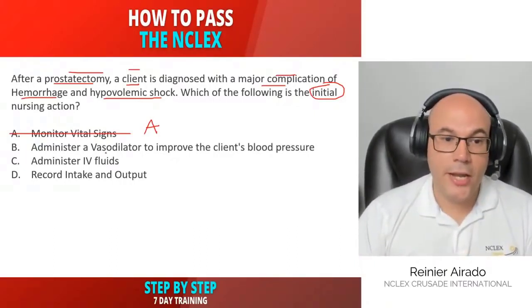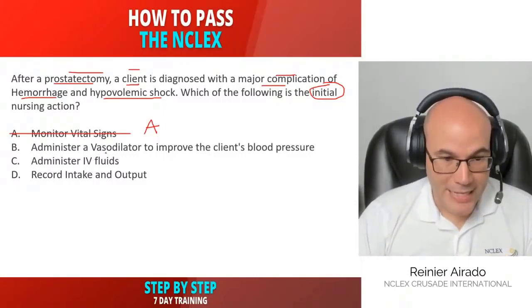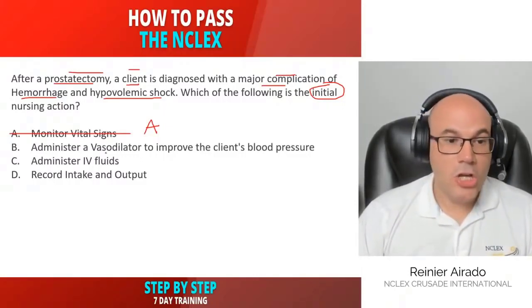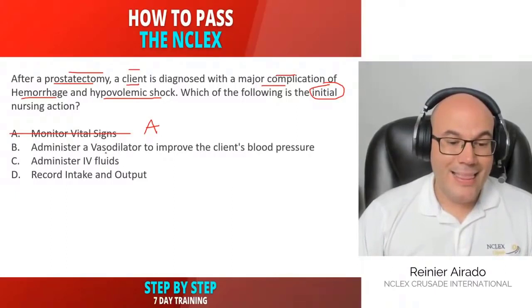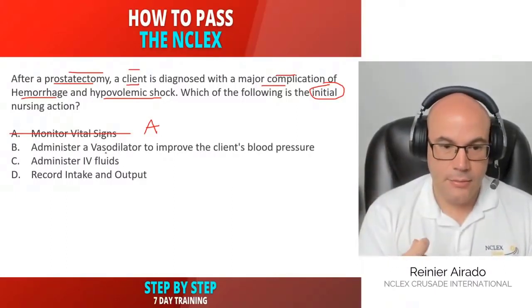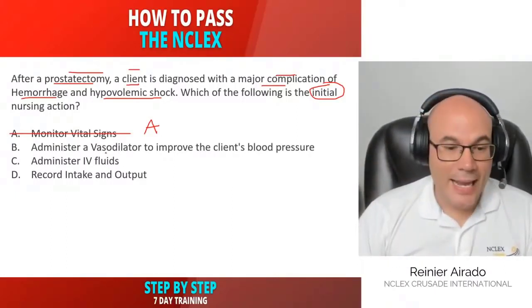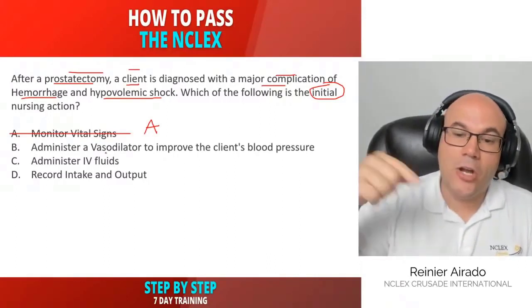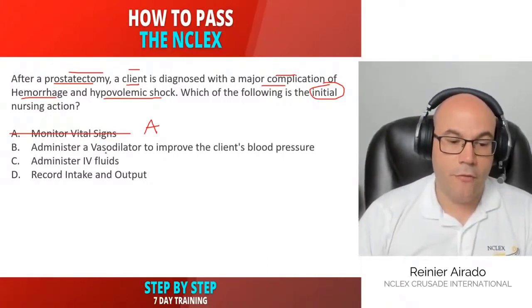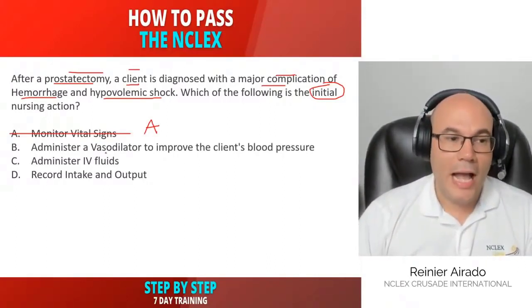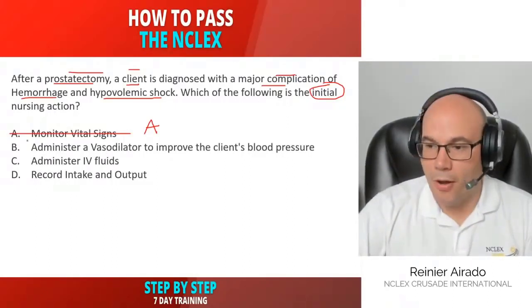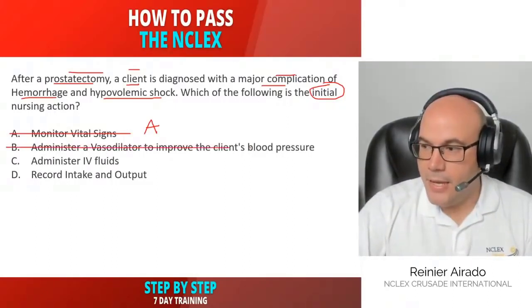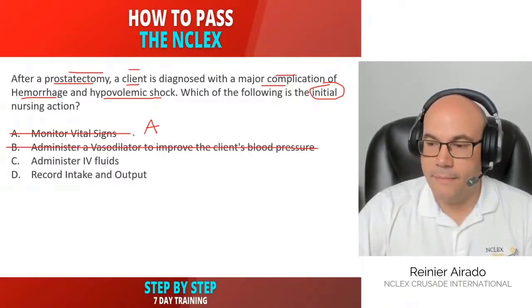So the patient is going to be hypotensive. The patient is in shock. So I need to do something that increases the blood pressure. A vasodilator will decrease the patient's blood pressure further and will cause more problems. B is eliminated.